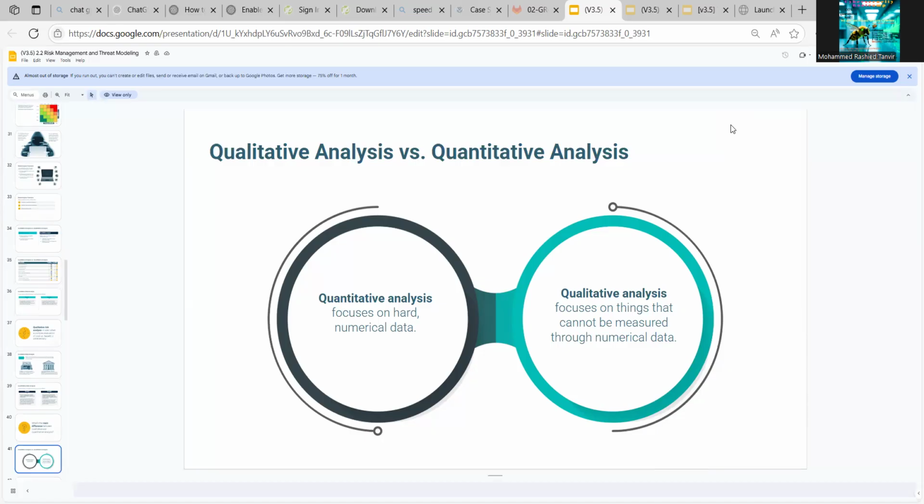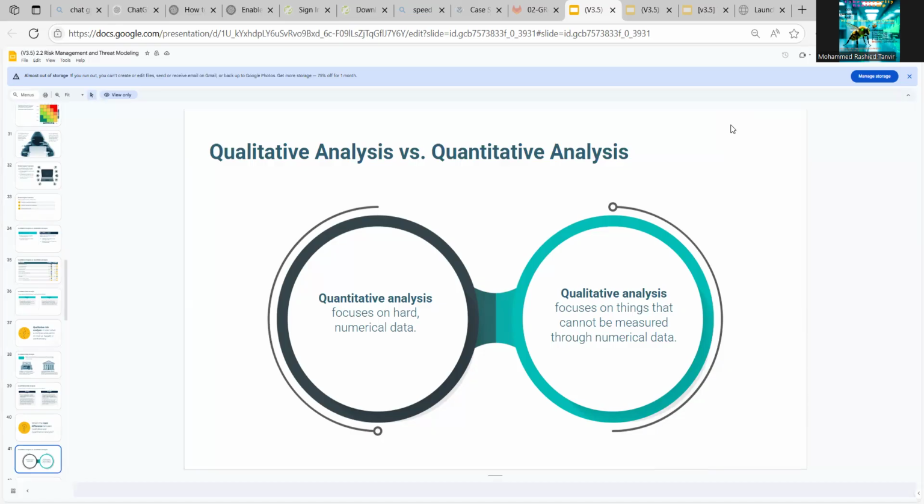Quantitative analysis focuses on hard and numerical data, such as physical data, hard drives, everything measurable. Qualitative analysis focuses on things that cannot be measured through numerical data.